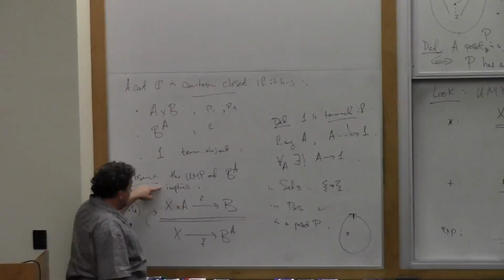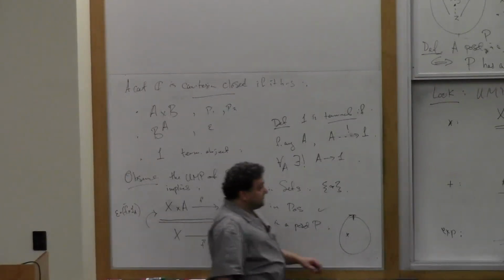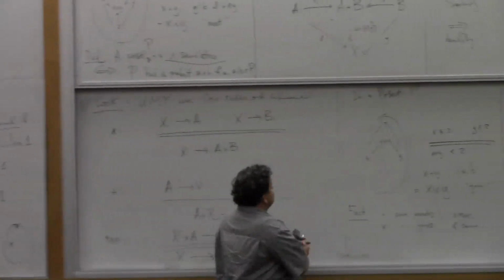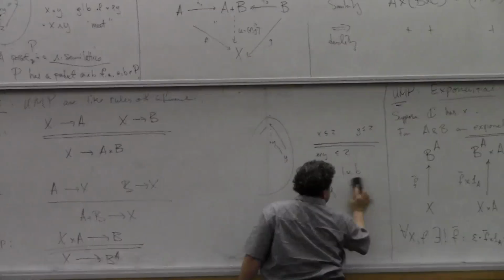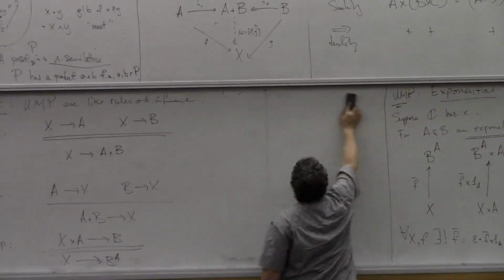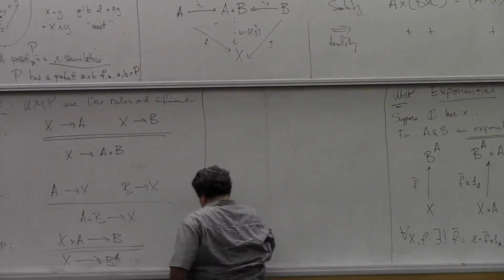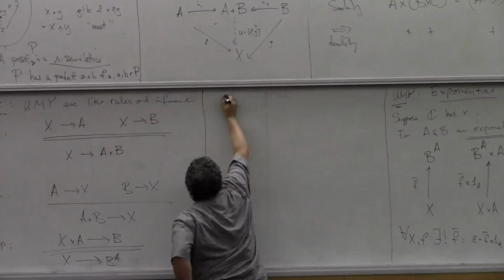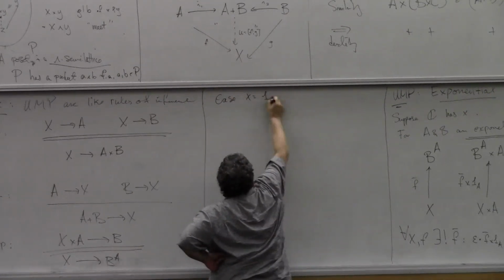Okay, so now what if we look at the case where X is 1? What do we get? What are maps out of a terminal object? They're like constant elements or points of a thing. So consider the case of X equals 1.